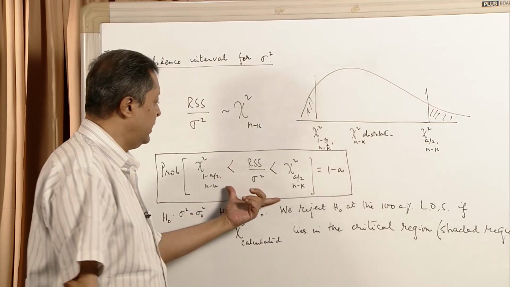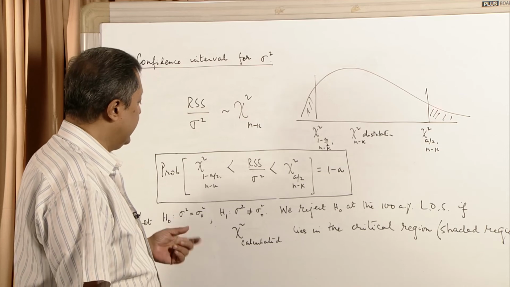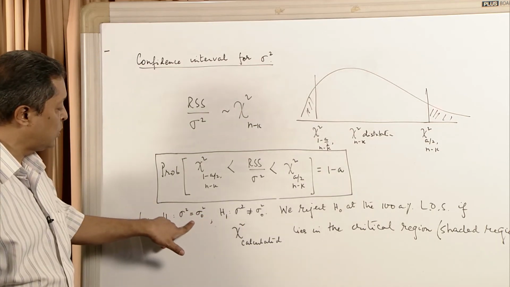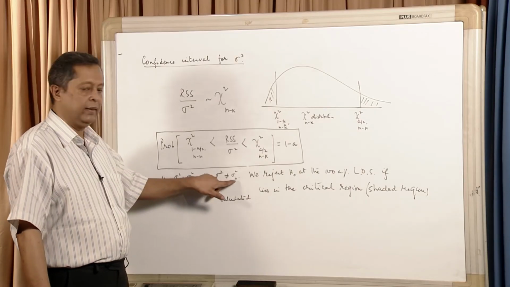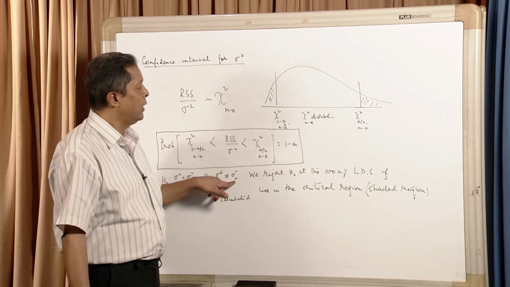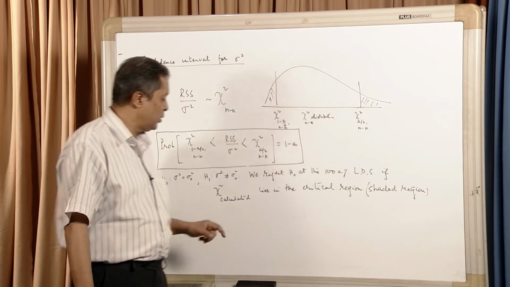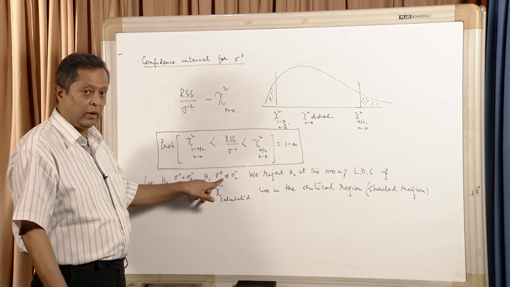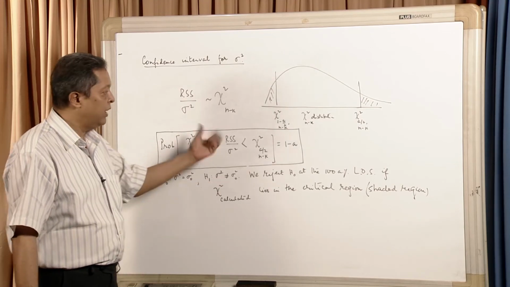And so, with these two goalposts once again, we can test sigma square having a particular value sigma square naught against H1, sigma square not having that value. By now, you would have understood that because we have two goalposts it is a two-tailed test, and so the alternative hypothesis is not greater than or less than, it is not equal to. So, what do we make out of this?